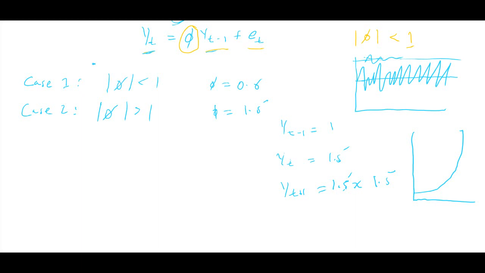Then we can have a third case where the value of theta is exactly equal to 1. In this series, again, it contains a unit root and is non-stationary. And why is this non-stationary? Because if you graph it, it has a certain value, but then it has a random term.